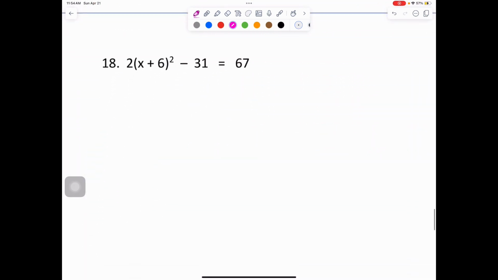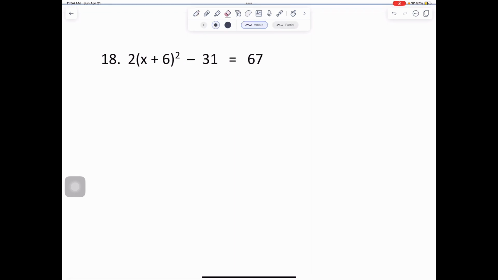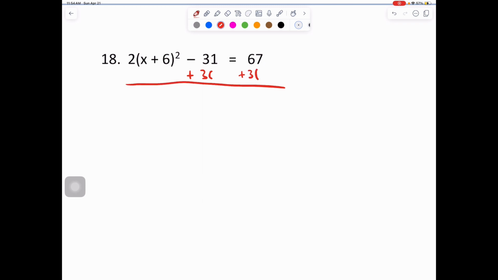All right, for number 18, oh my goodness, what do we do? Well, let's start by getting that quantity with the 2 in front of it by itself by adding 31, not just to one side, but to, great job, both sides. All right, so bring down the quantity with the 2 in front of it of x plus 6 squared. Cancel those bad boys out. 67 plus 31 is 98.